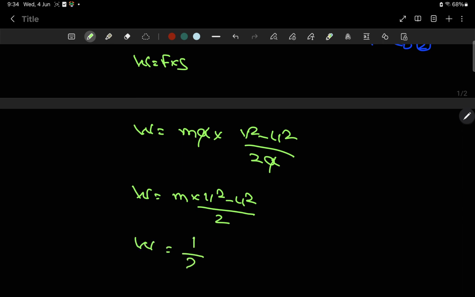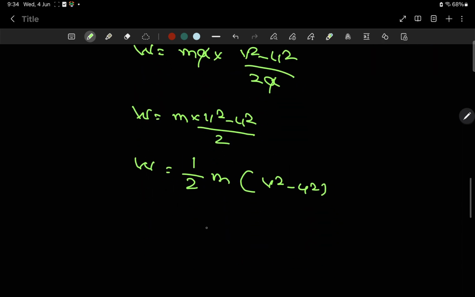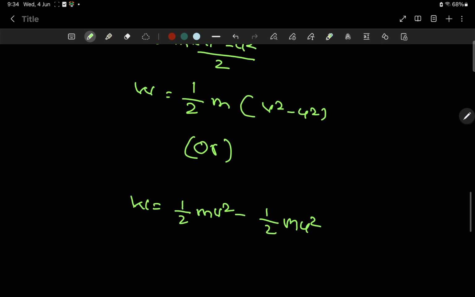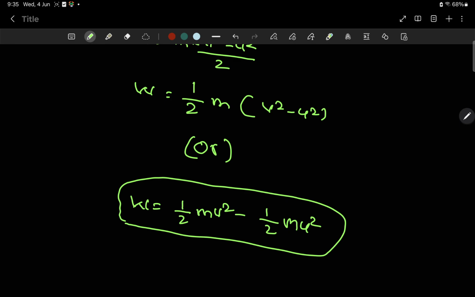Or we can write V and U separately, like W is equal to half mv square minus half mu square. This should be the order because V is the larger and U is the smaller one. So we have got the derivation of the work energy theorem. Thank you.